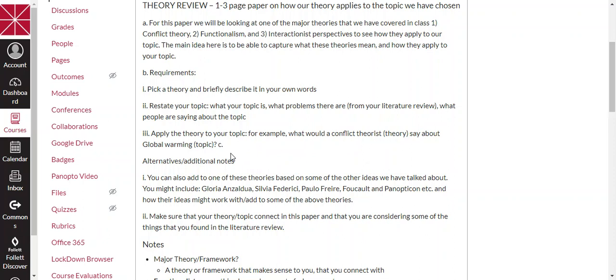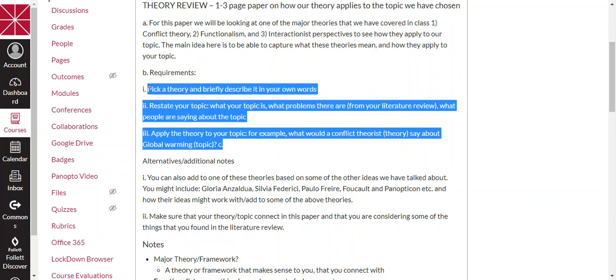Maybe talk about industry and how industry owners use the political system to reinforce the rules for their benefit, etc. So that's the basic idea. As long as you cover these 3 points, you should be fine. Again, we're looking for about a page to 3. However this best helps you get your ideas out on paper is fine.